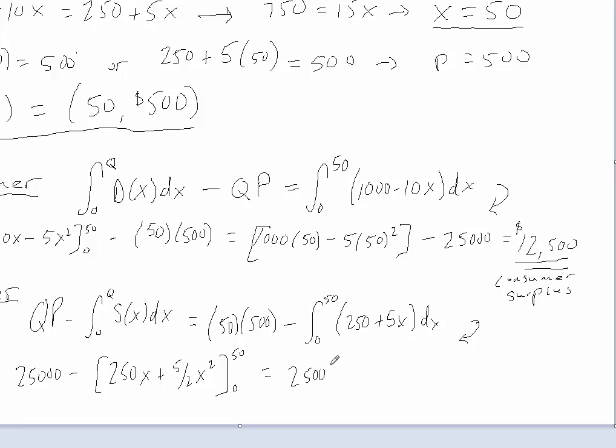So 25,000 minus 250 times 50 plus 5 halves 50 squared, or 6250. And that is the producer surplus.